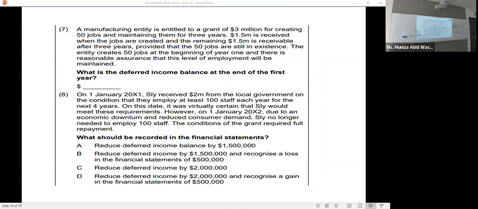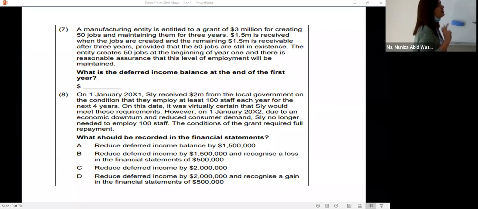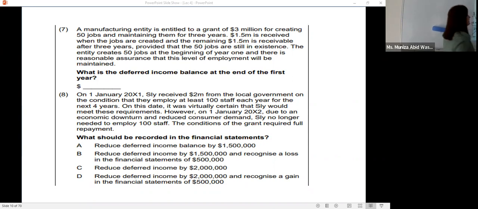Now the grant is going to be reversed. On 1st January, the grant of 2 million has been received from the local government on the condition that they employ at least 100 staff each year for the next 4 years. And that 2 million has to be recognized as revenue over the period of 4 years.